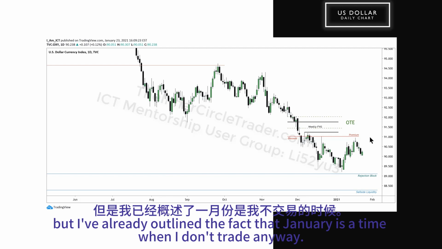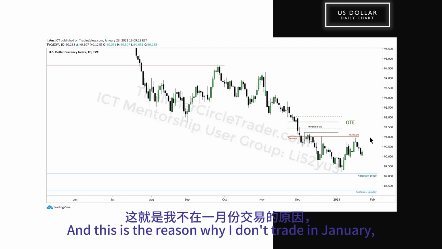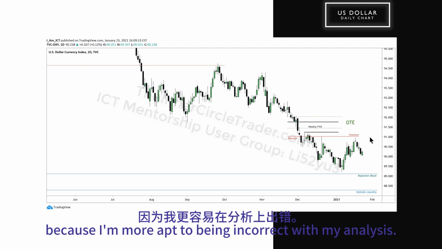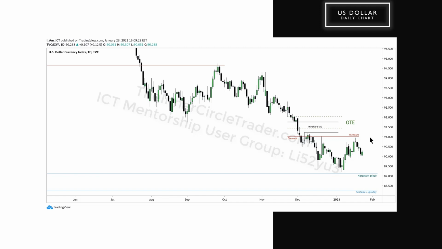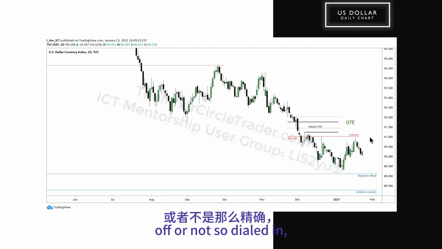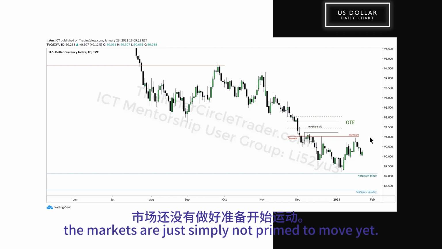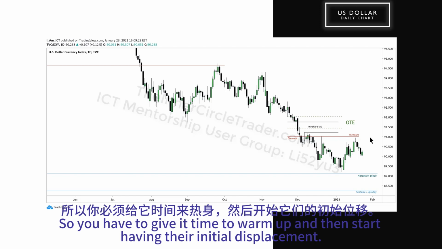But I've already outlined the fact that January is a time when I don't trade anyway. And this is the reason why I don't trade in January, because I'm more apt to being incorrect with my analysis. So if I know there's a time or a season when I'm likely to be off or not so dialed in, or the market's just, which is what I'm teaching you, simply not primed to move yet, you have to give it time to warm up and then start having its initial displacement.